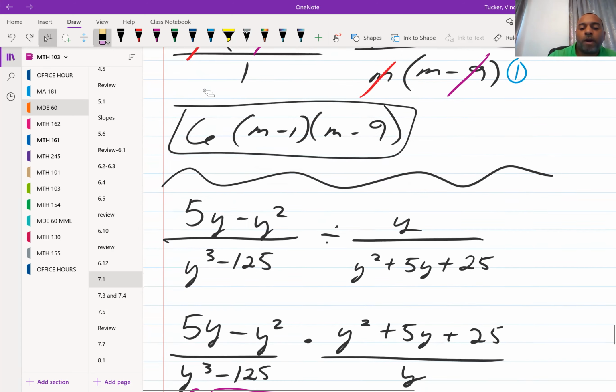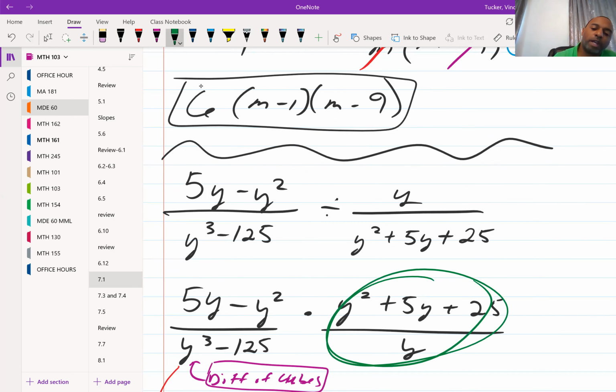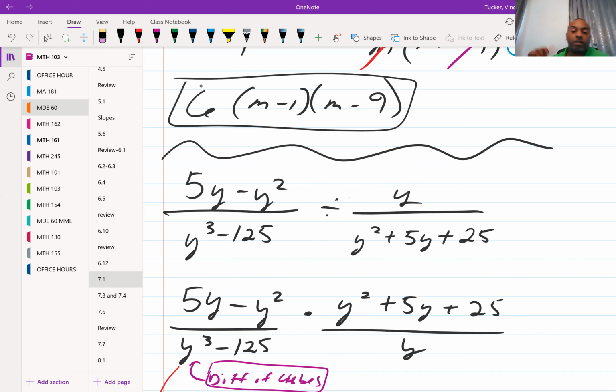All right, flip the fraction, change the multiplication. So we did right here. Haven't factored anything, we just follow the division process. Means you change the multiplication and flip the fraction that follows it.